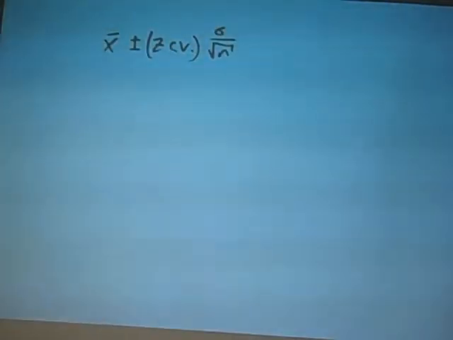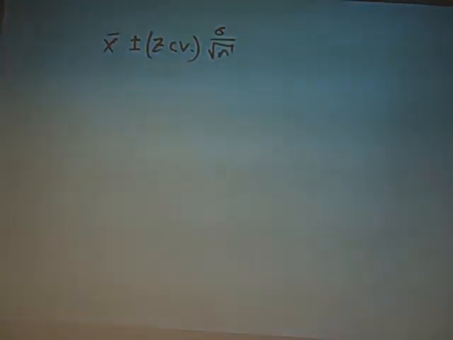To use this procedure, you have to know what sigma is, and that was given in the problem. So we're going to use this Z procedure. The formula is X bar plus or minus the Z critical value times sigma over the square root of n.